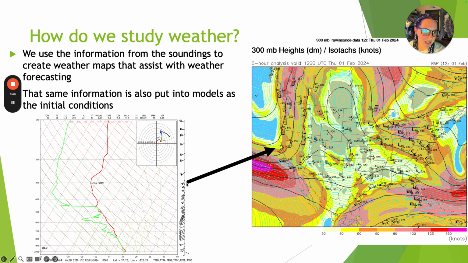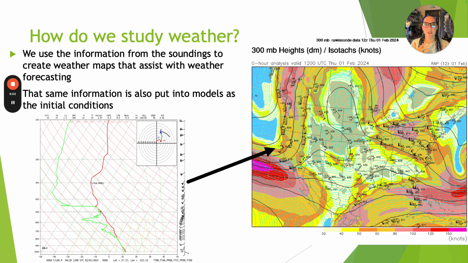Hopefully you're able to have a look at these slides a little bit larger. But you can see this little wind barb here, this little thing that has a triangle on it, and you can match it quite nicely to the one that's over here on the map, indicating where Oakland is, right? So it takes the information given from this sounding, from all the soundings that are launched, and then a computer is able to nicely paint us a picture of what the atmosphere is looking like at that given time.